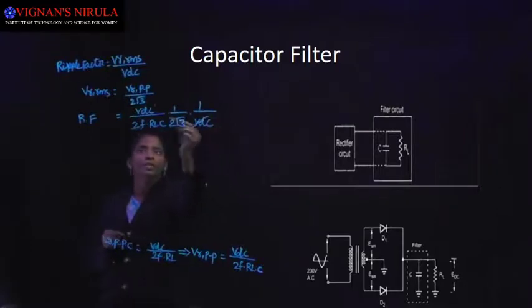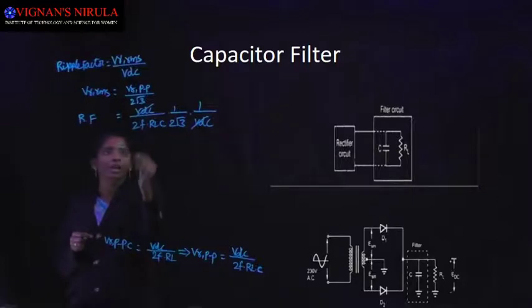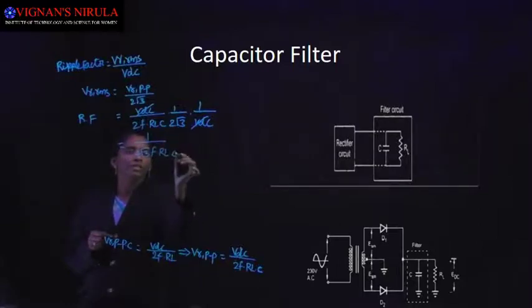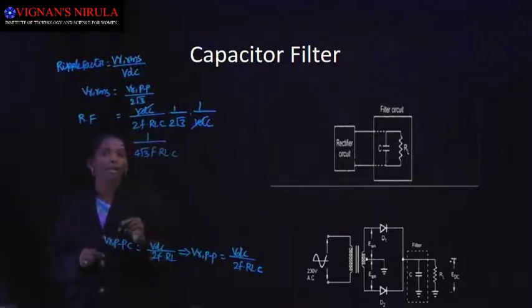Here VDC gets cancelled and we get 2 into 2, 4. So ripple factor equals 1 by 4 root 3 into F into RL into C. This is the ripple factor of the capacitor filter.